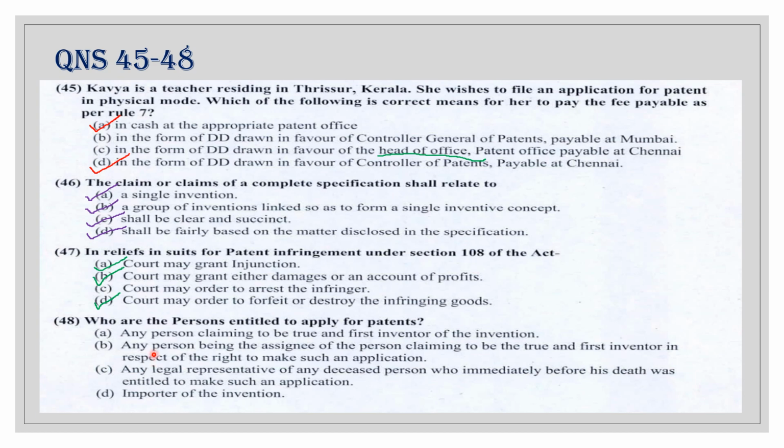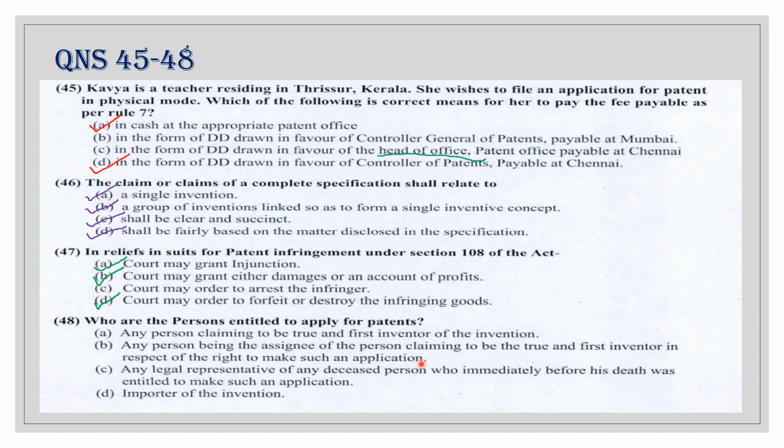Fine. Now, question number 48. Who are the persons entitled to apply for patents? For this you just go to section 6 of the Patents Act 1970, which tells about persons entitled.